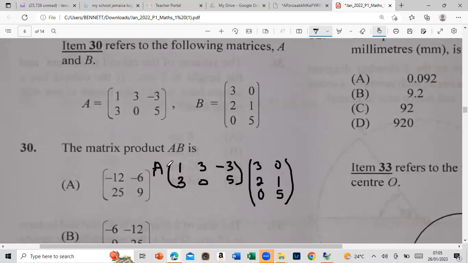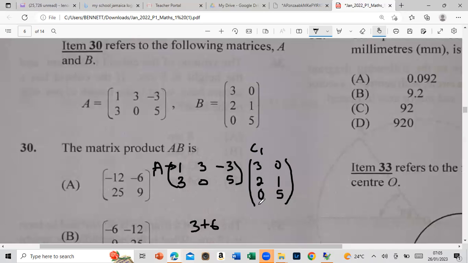Alright, so we're going to use row 1, which is this here. So 1 times 3, that's 3. And this is the first column. So we're multiplying this row by this column. Should I use a different column? So 1 times 3, and then 3 times 2 is 6.